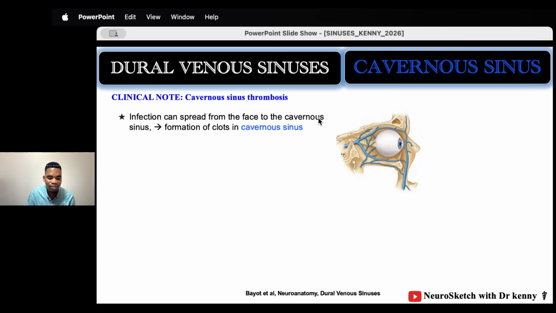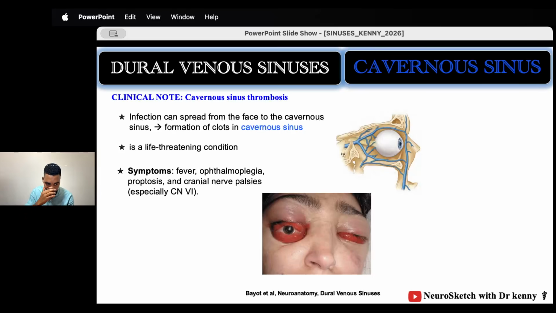Now, this condition is called cavernous sinus thrombosis. It's very, very dangerous. It can be life-threatening. This is a person who has cavernous sinus thrombosis. It is septic inflammation, the septic formation of a clot within the cavernous sinus.